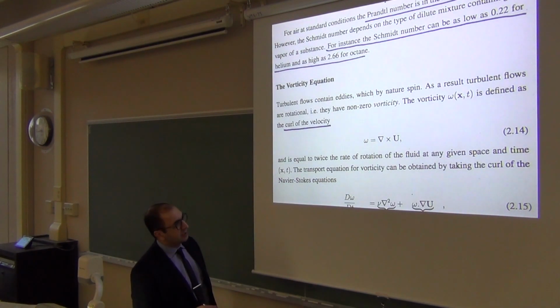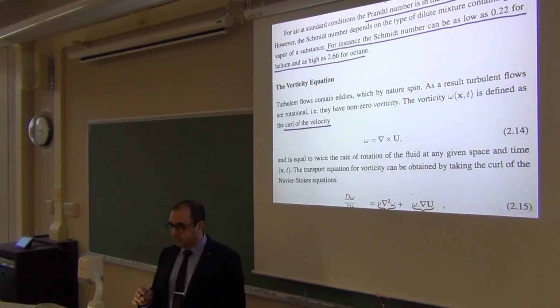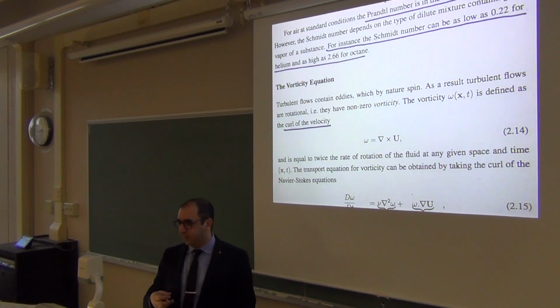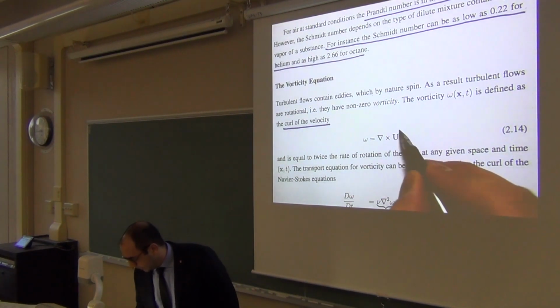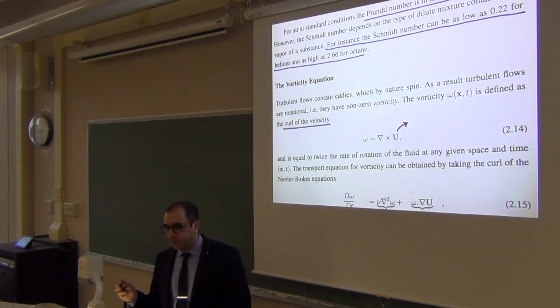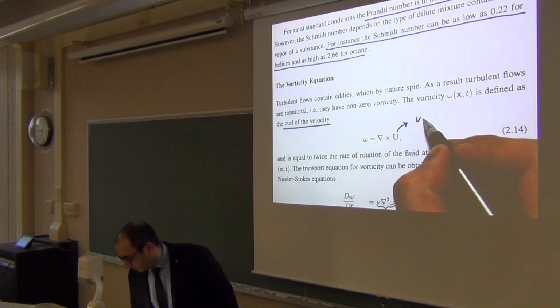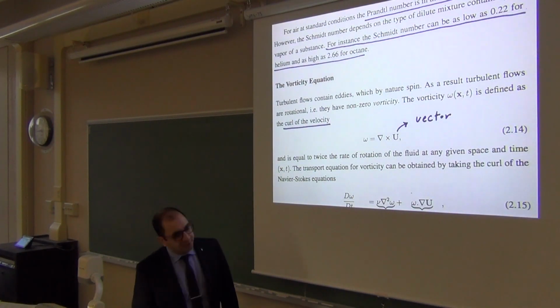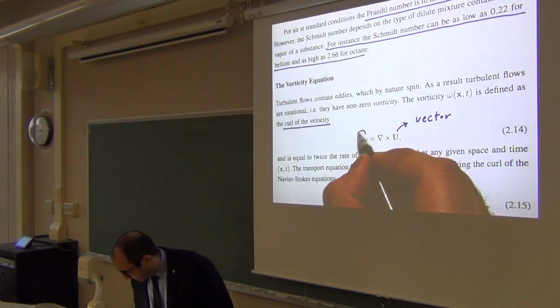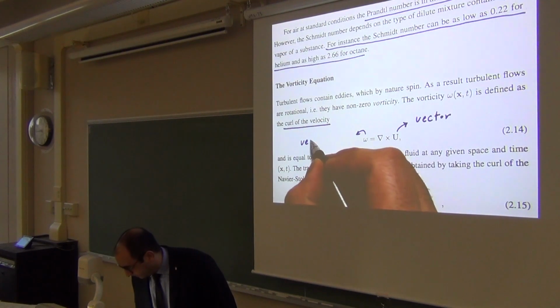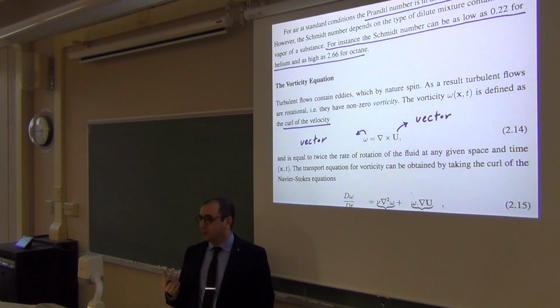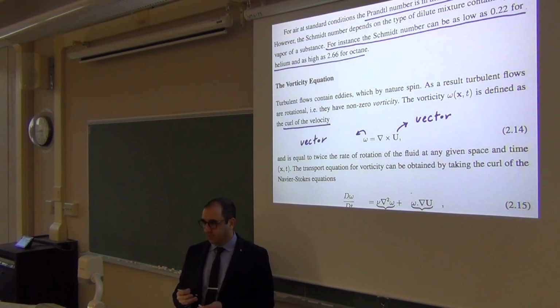Now again, curl is a calculus definition. You can go to the appendix to see what it is. Basically, it's a cross product of the nabla or gradient operator with a vector quantity. I should remind you, this is still the velocity vector. It's a 3D vector, a 3-component vector. So is vorticity. Vorticity is also a vector, which means it has 3 components, right?